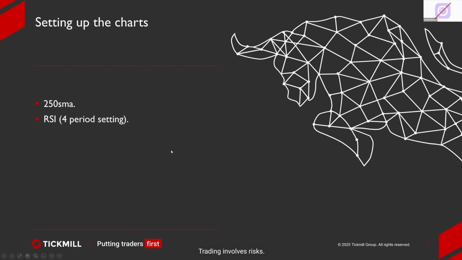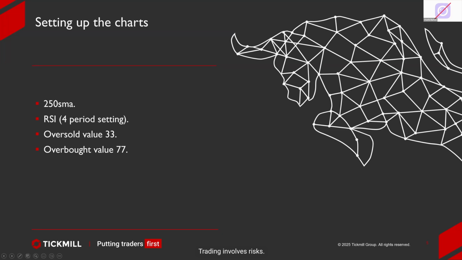This is a really short term setting, but I'm using a 4 for this specific reason. Then, as far as the values are concerned, the oversold value I use is 33, though I do have a couple of others I'm going to show you. The overbought value is 77. So they've been adapted.